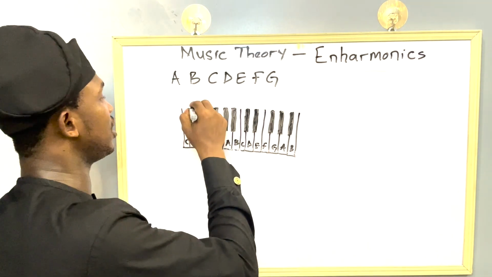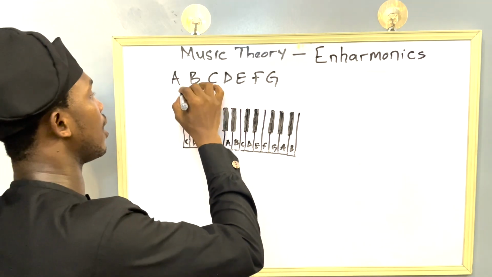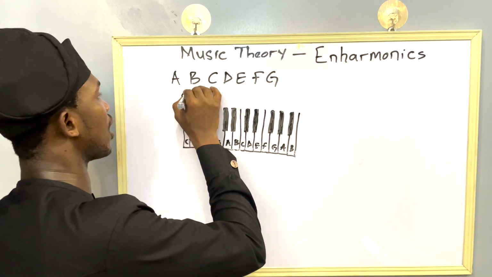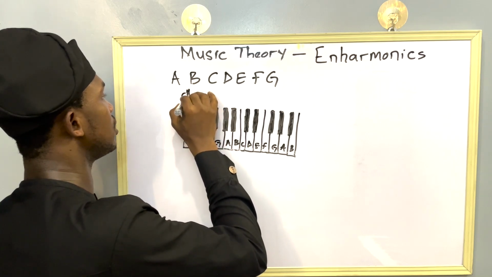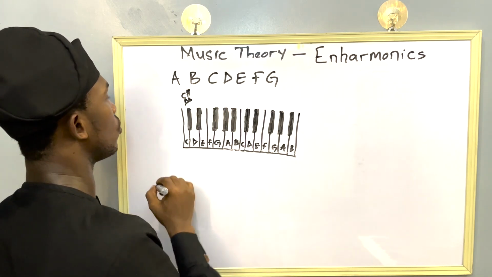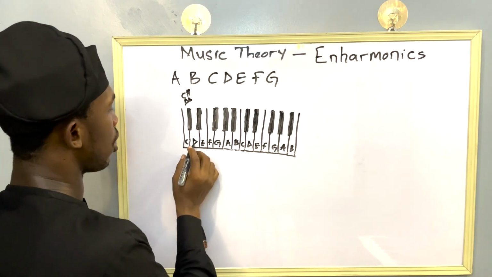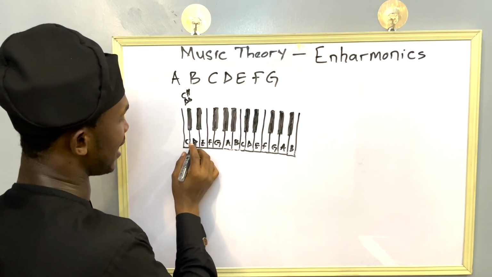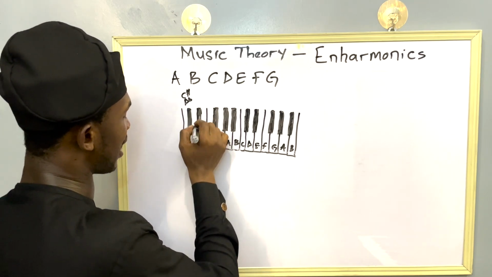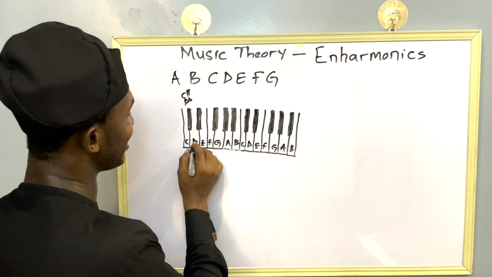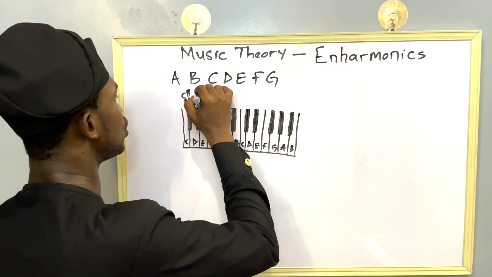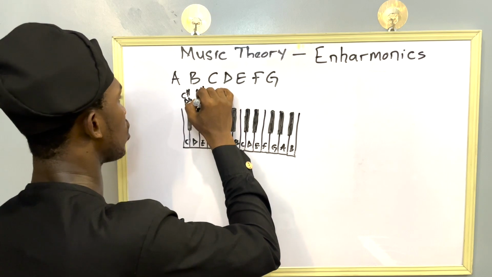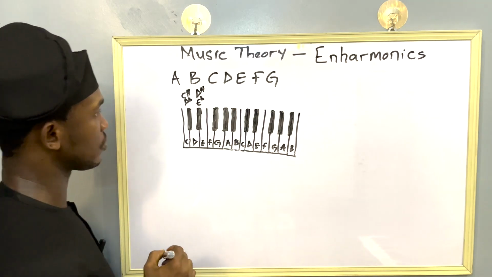So this black key is called either C sharp or D flat. Also, this black note can be named in relation to D or to E, so we call it either D sharp or E flat.